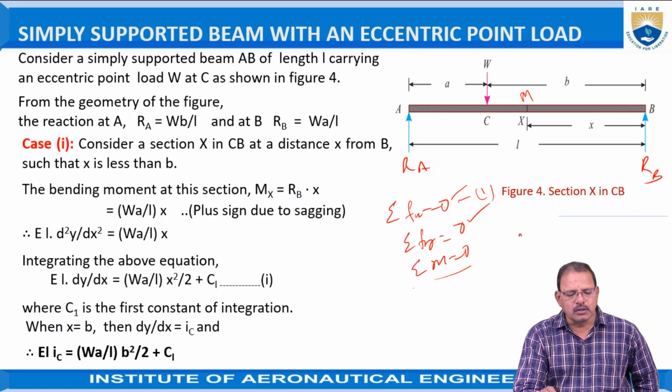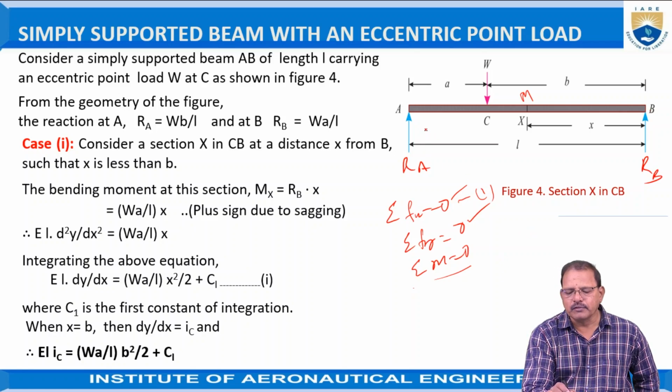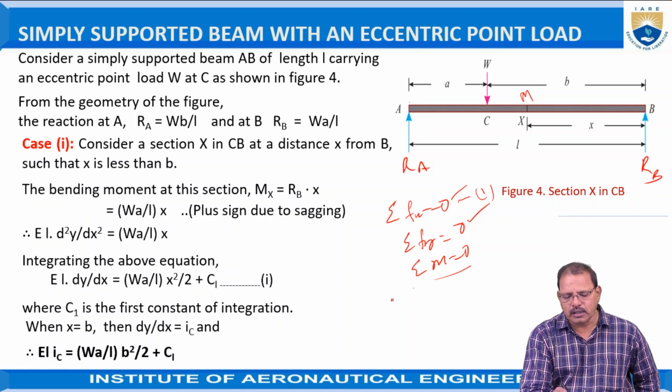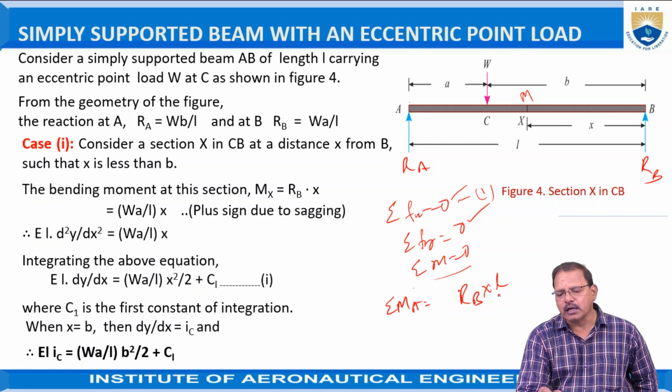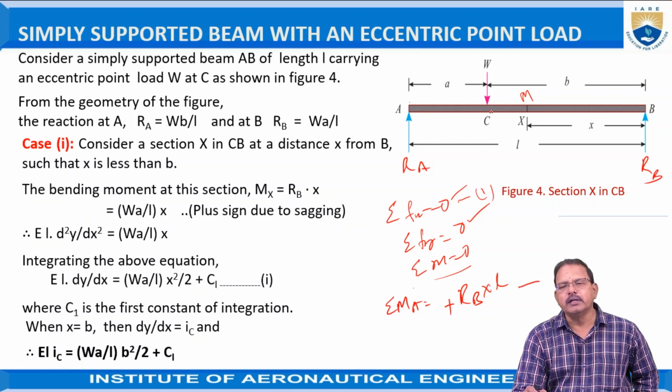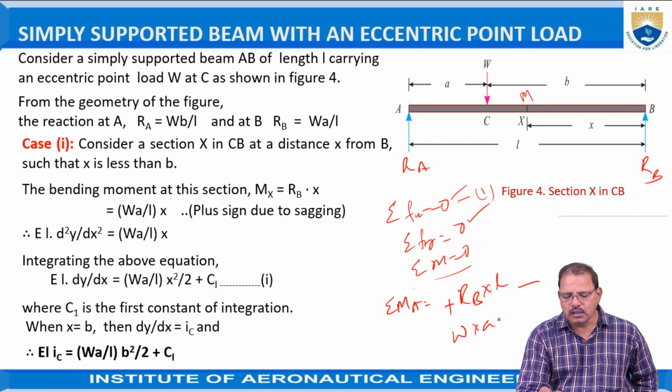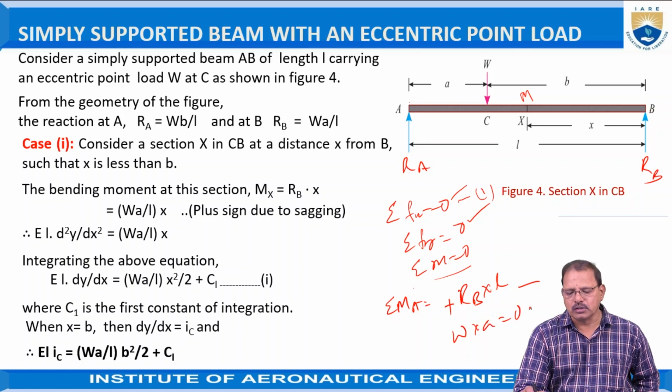If I take moment at point A, it is RB, the reaction force at B, into L, acting in the clockwise direction. If I take it as positive, minus the moment created by W into a, it should be equal to 0.